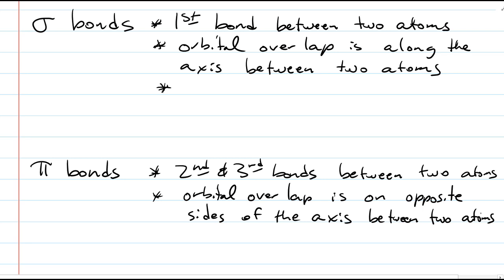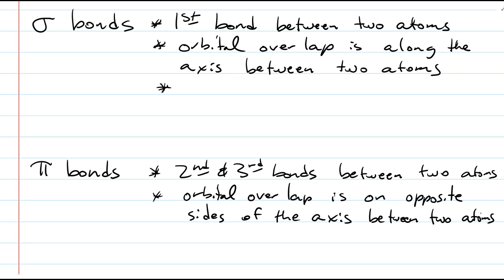That's what it would be in a sigma bond, is if the overlap is along the axis, then the overlap is going to stay intact. Pi bonds occur when the overlap is on sides opposite of each other along the axis. So if they're on sides opposite of each other, what happens if I go ahead and twist these?